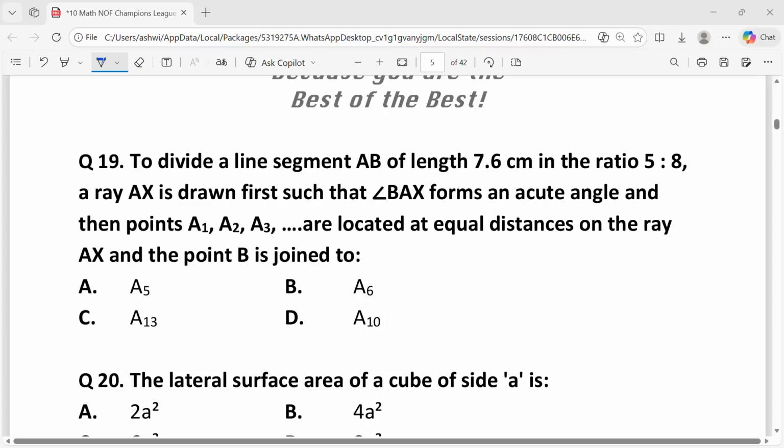The point B is joined to A13. To divide a line segment AB in the ratio m:n, the minimum number of points to be located at equal distances on ray AX is m plus n. In this case, the ratio is 5:8. So that is 5 plus 8, which is equal to 13 points needed. The point B is then joined to the last point, that is A13.